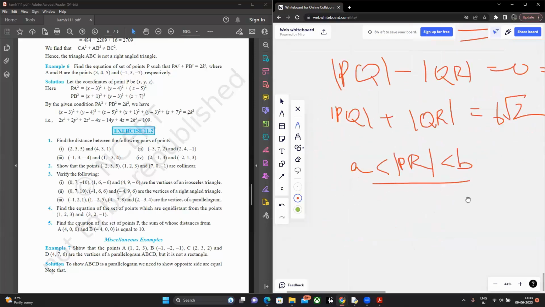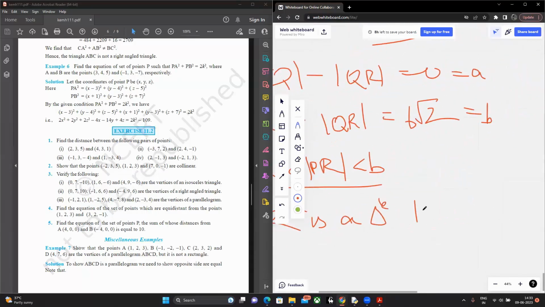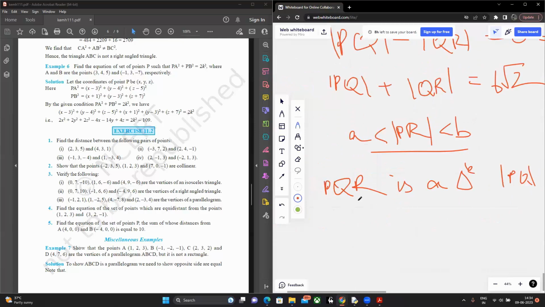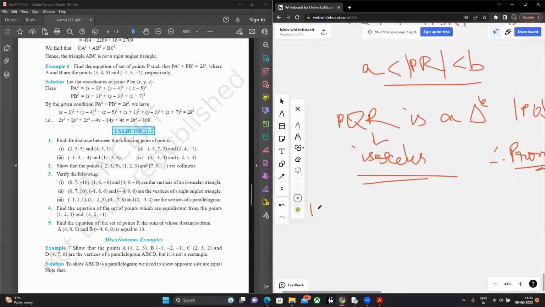So finally, you basically have that PQR is a triangle, and mod PQ equals mod QR. Therefore, this is an isosceles triangle. All right. Do not forget that you have to prove that this is a triangle because you are just given 3 points.